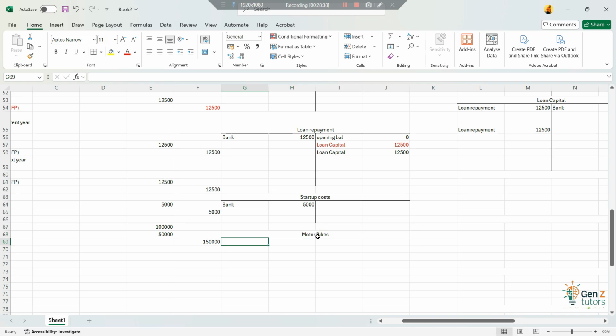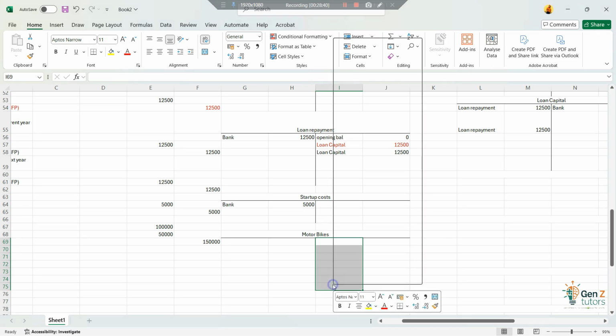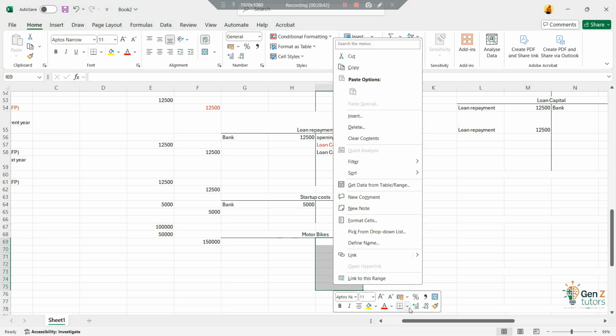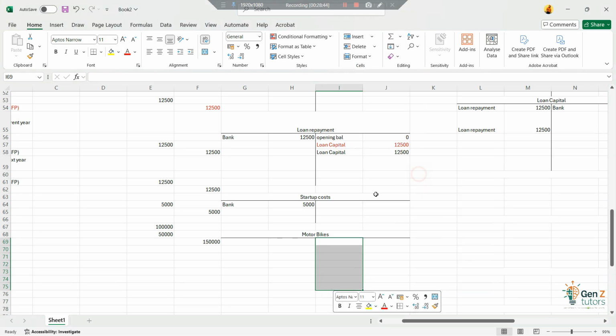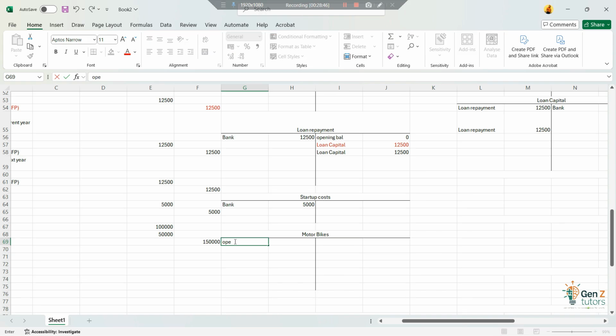And then motorbikes are an asset. Since they are an asset, they have a debit balance, and the opening balance carried down was how much at the beginning of the year? There was nothing, obviously, we just started the company. And then what do we have? Total motorbikes are 150,000, right?